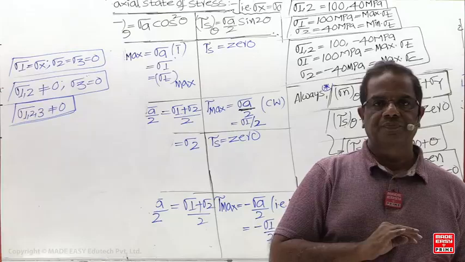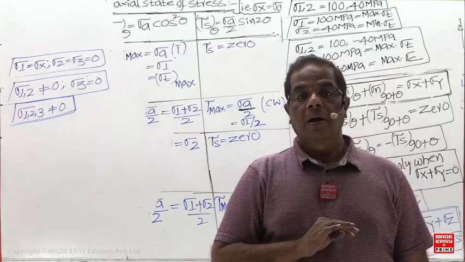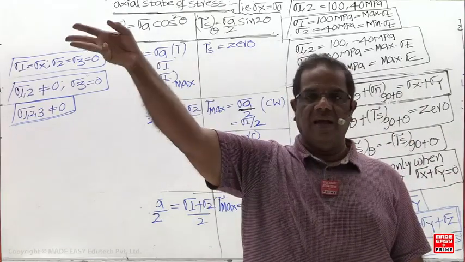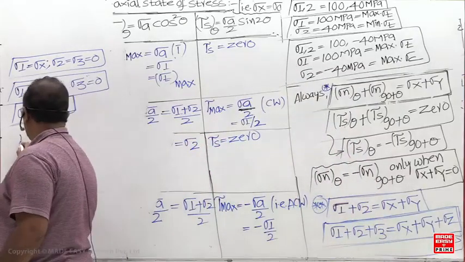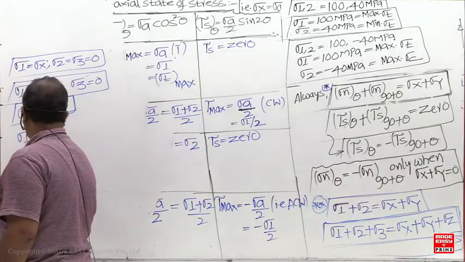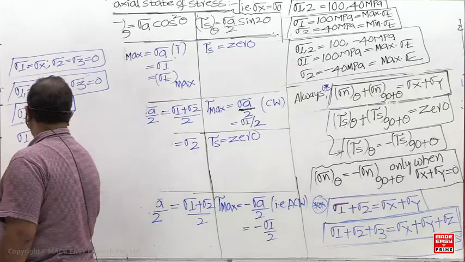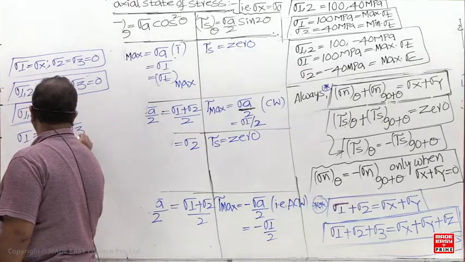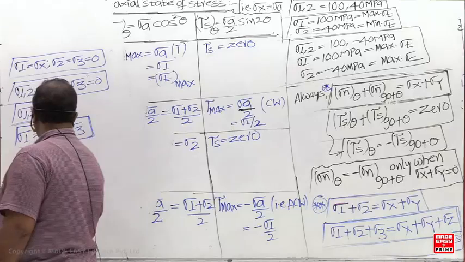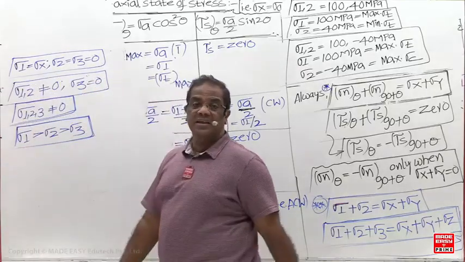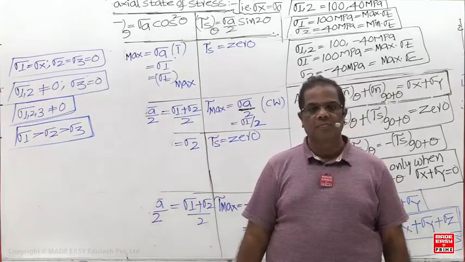But if you go for triaxial, always what now? Always sigma 1 greater than sigma 2 greater than sigma 3.